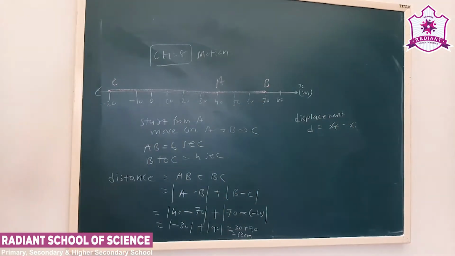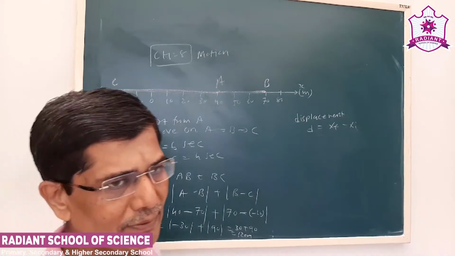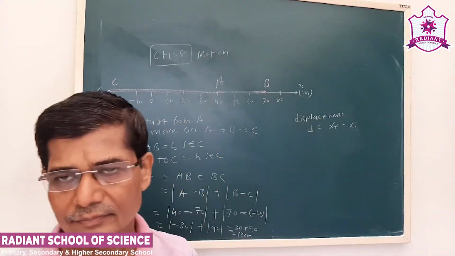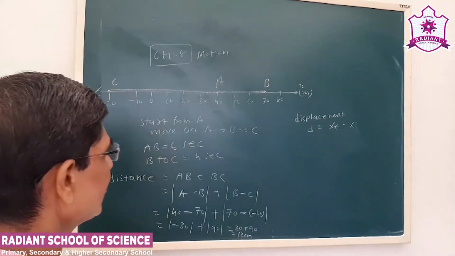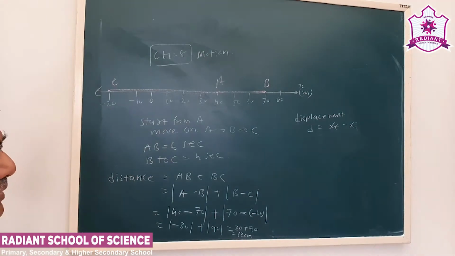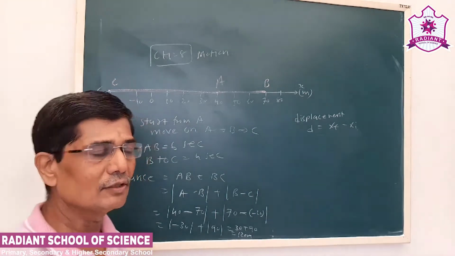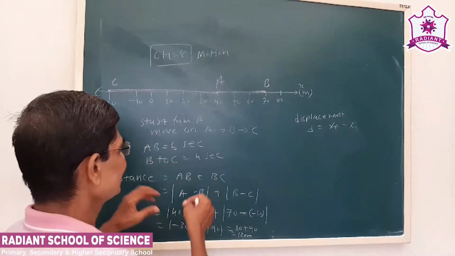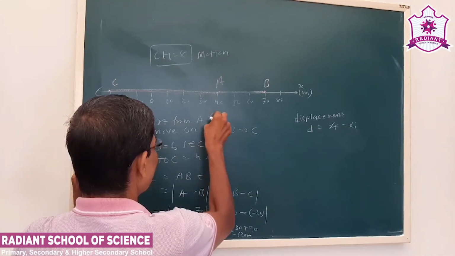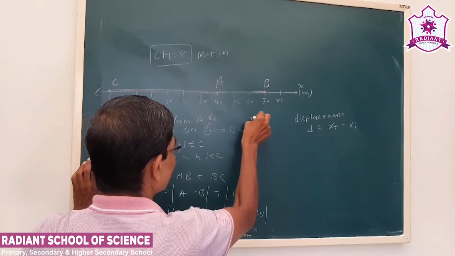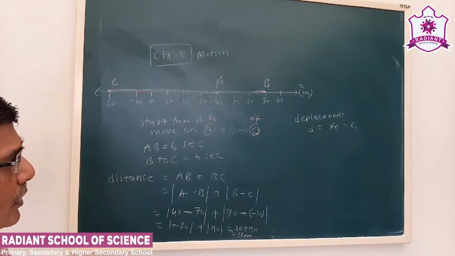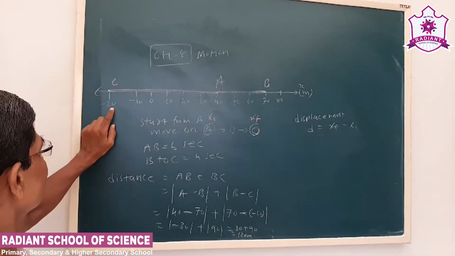As I told, displacement can be positive, 0 or negative. Displacement is xf minus xi. What is the final position? A is our initial position, xi. C is the final position, xf. What is the number corresponding to C? That is minus 20.